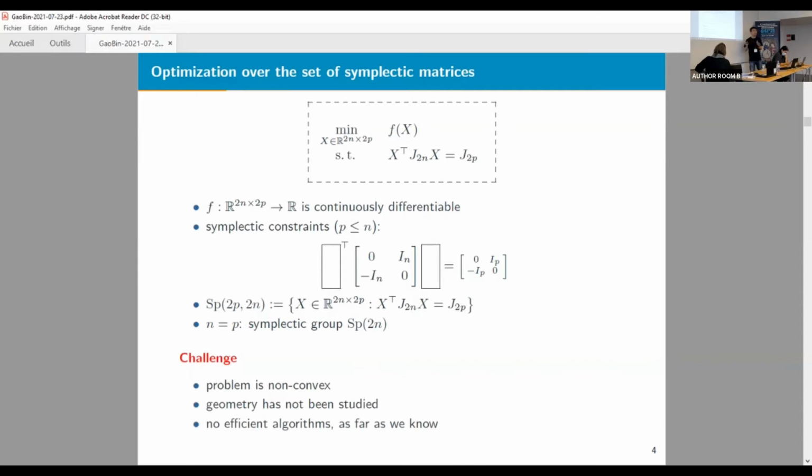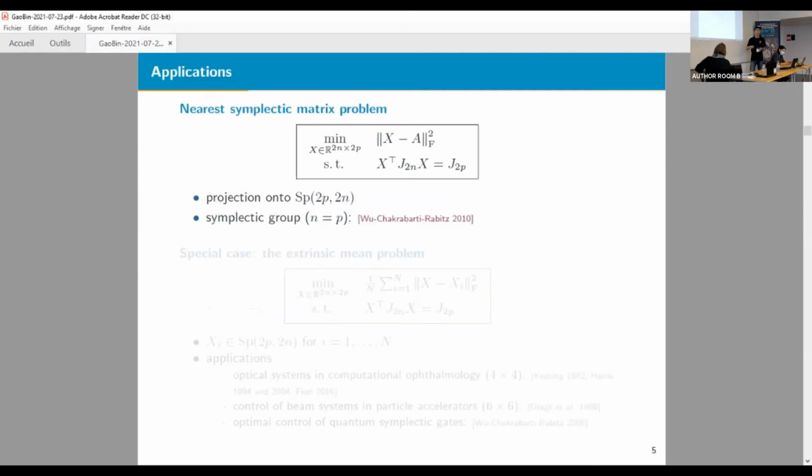We have many local solutions, and we cannot easily find the global solution. Secondly, this set has not been developed or studied, and for this kind of problem, for now, there is no general algorithm. So that's our motivation.